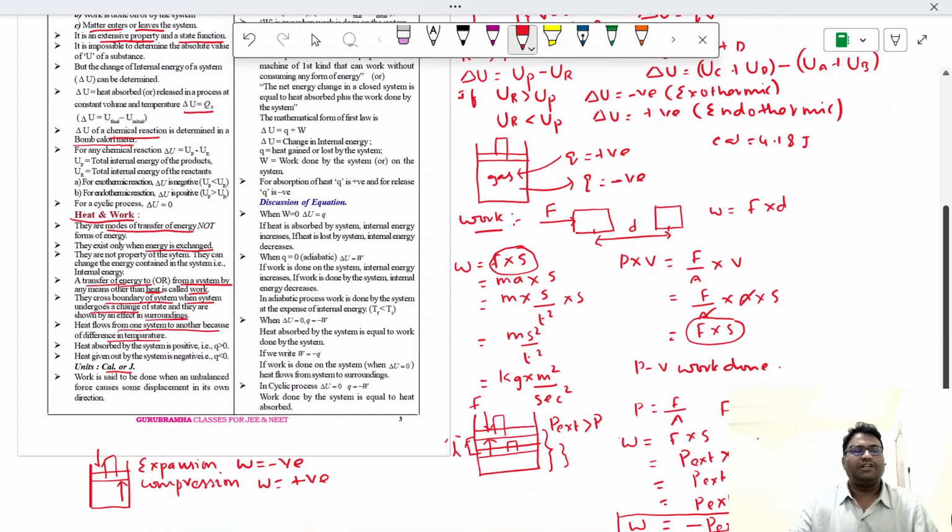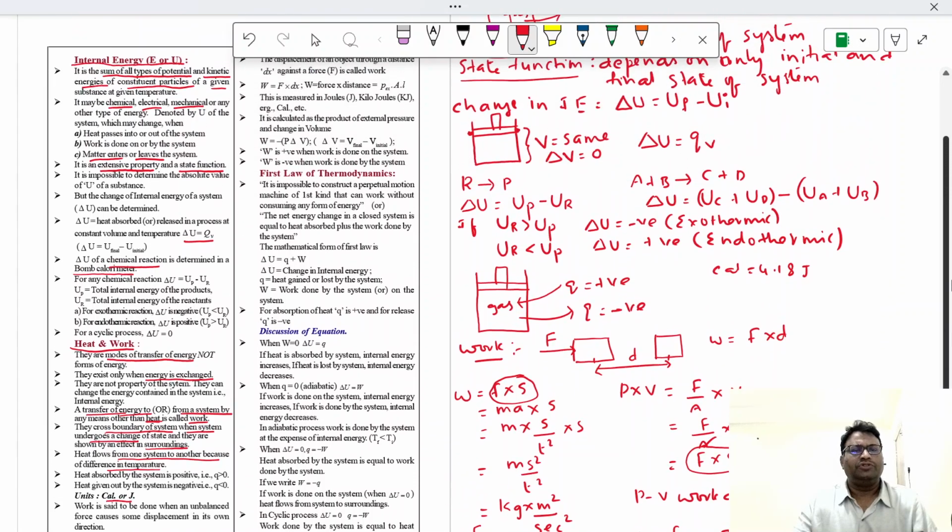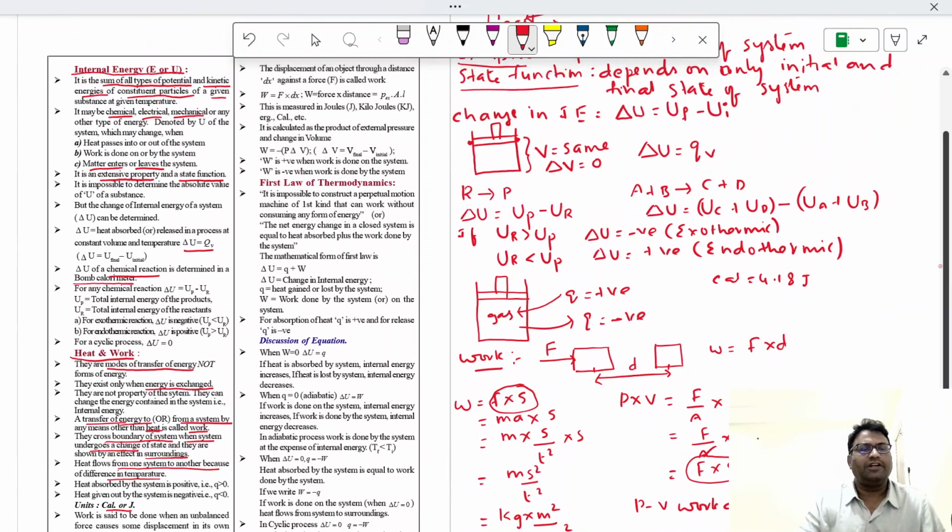If work is done on the system, that means compression, work is taken as positive. And work is done by the system, that means if the gas molecules are pushing the piston and it is expanding, during expansion work is taken as negative. Understood? So that is about the work done.